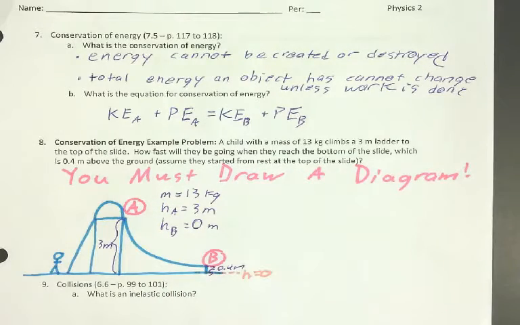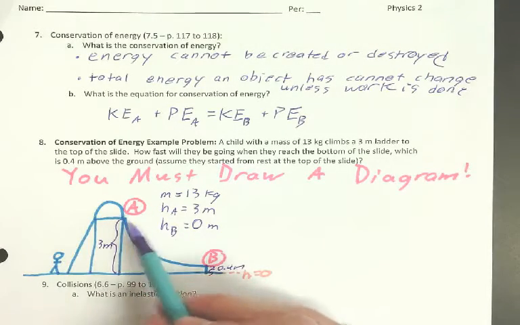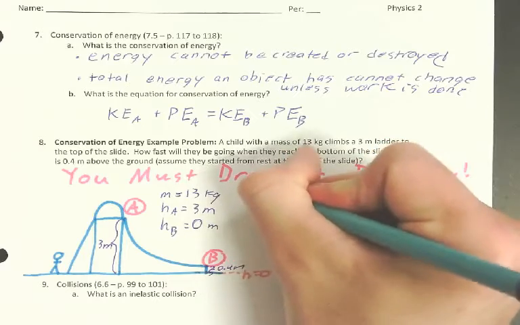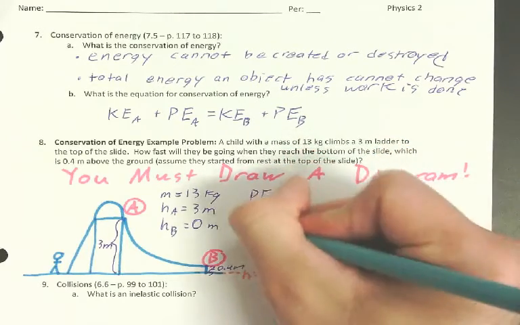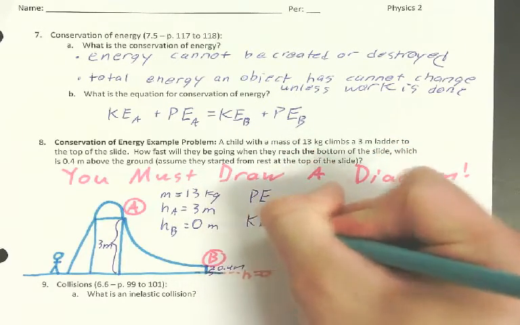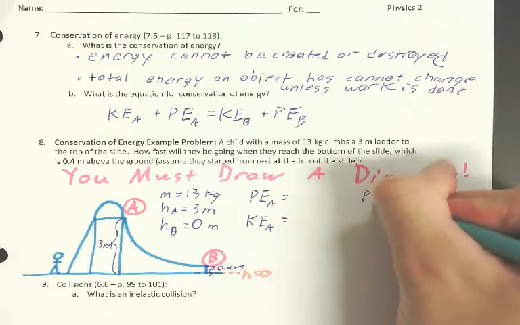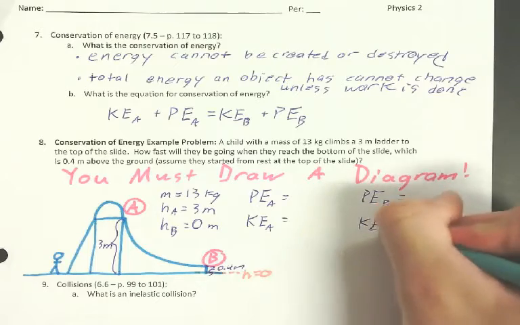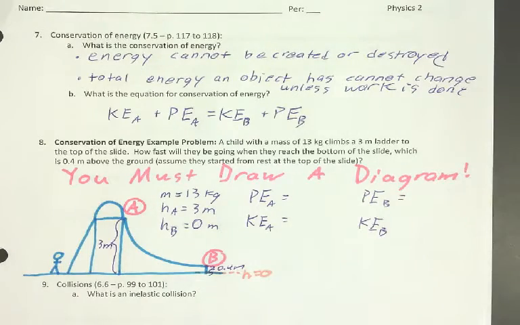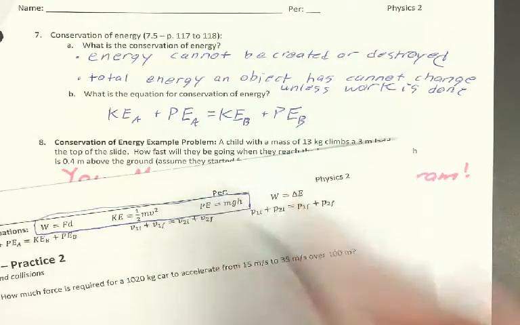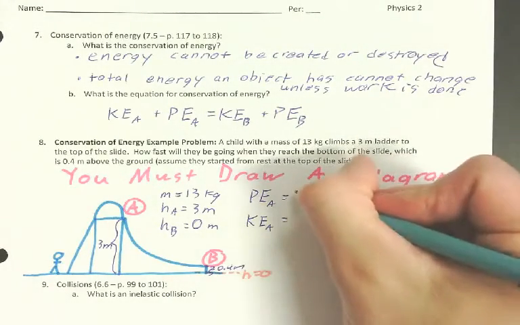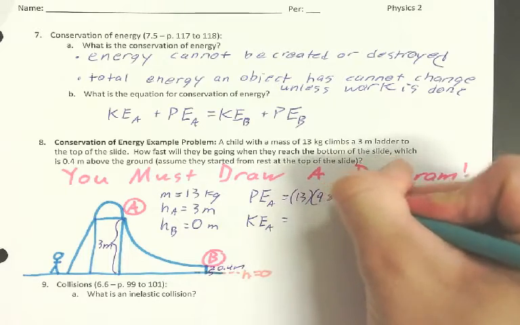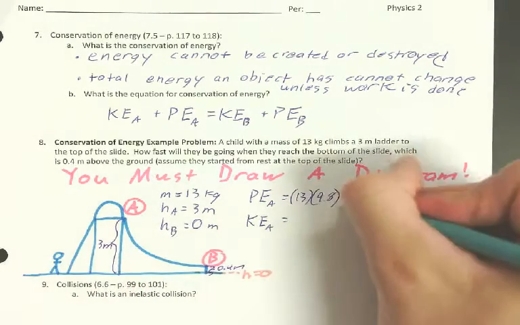Okay, so now the next step is to figure out the types of energy we have at A and the types of energy we have at B. And the only types of energy we have are potential and kinetic. So the equation for potential energy is mgh. So the mass at A is 13, because it's always 13. G is 9.8, because it's always 9.8. And the height at A is 3.